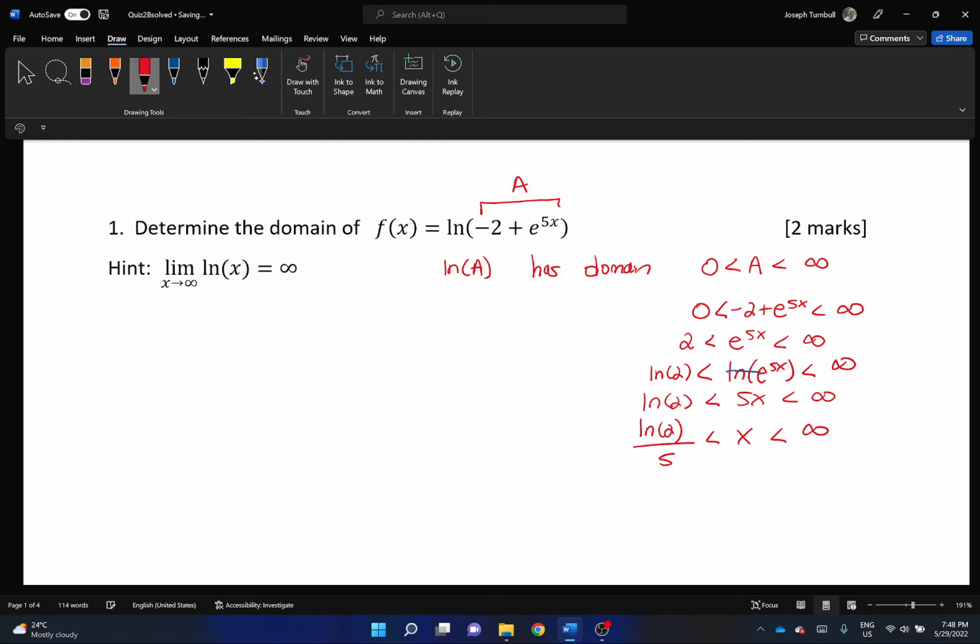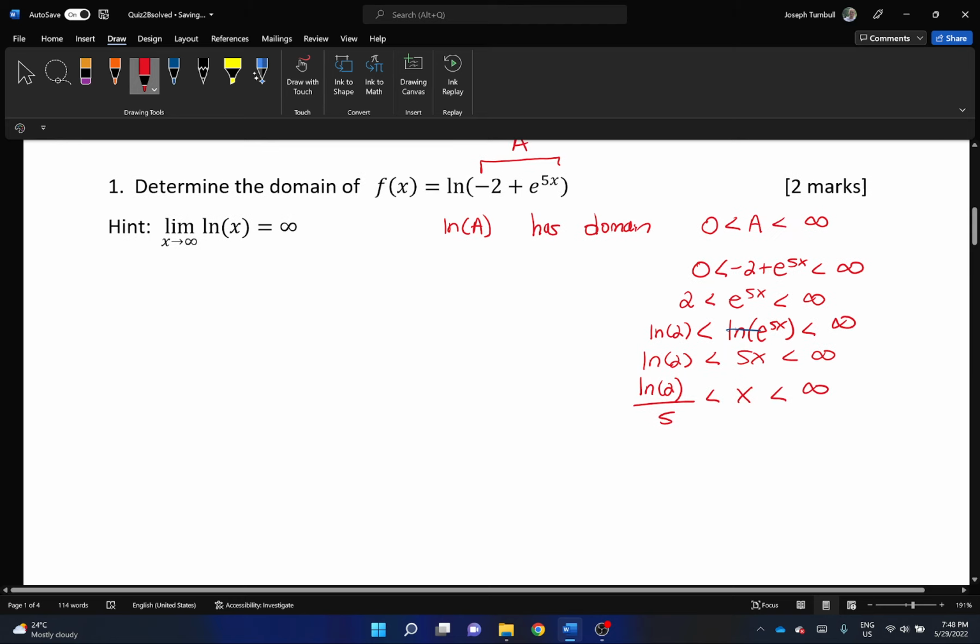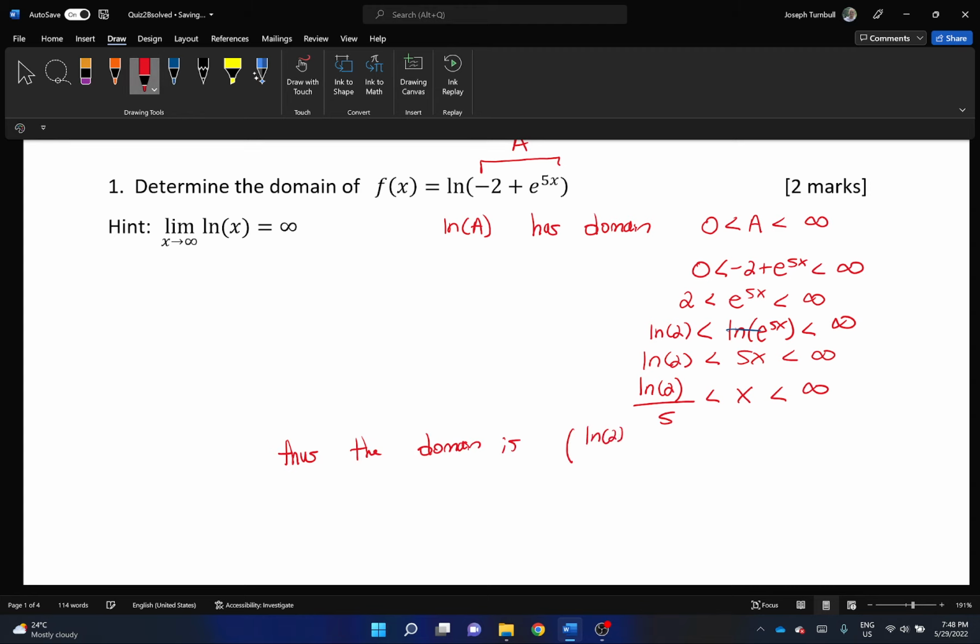Infinity divided by 5 is infinity. Now we have x all by itself, so we can make a statement about the domain. Thus, the domain is round bracket ln 2 over 5, comma infinity round bracket.